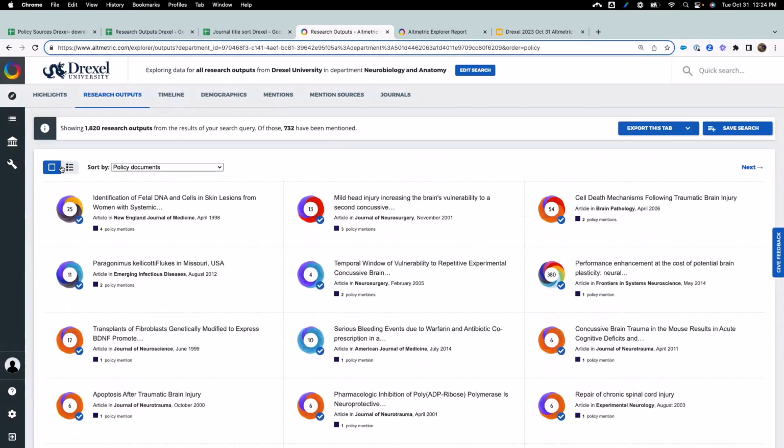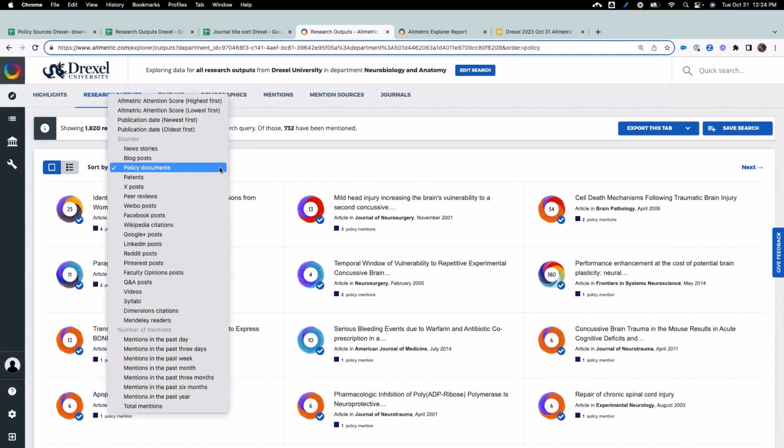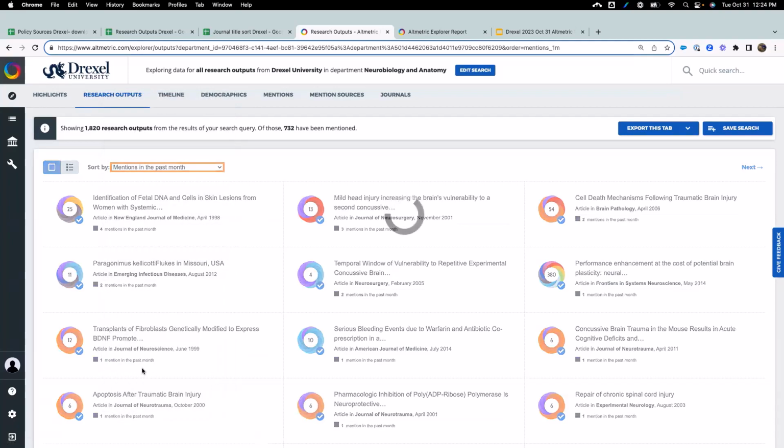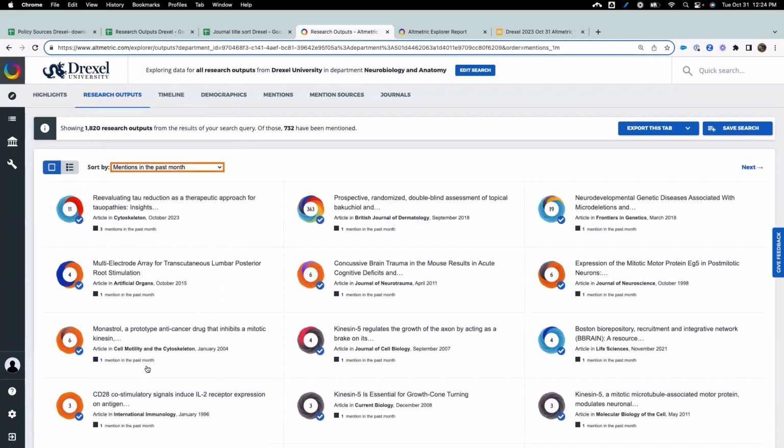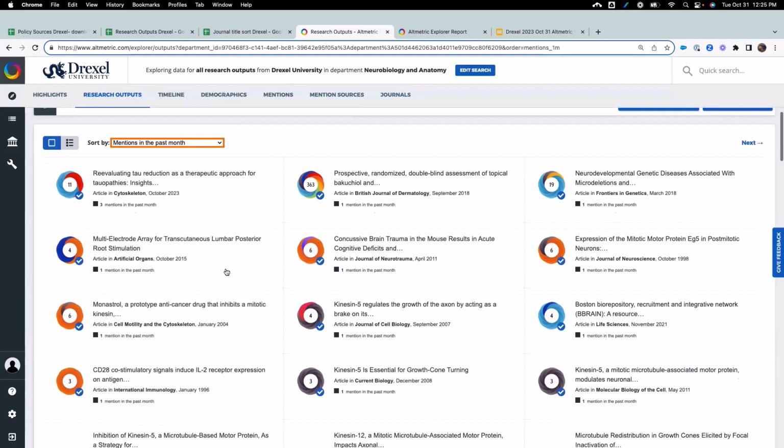Also, you have different views. Let's view this by how long it has been since something has been mentioned. So I want to see, has any of this research had mentions in the past month? So this is the research that's been talked about in neurobiology and anatomy in the last month.